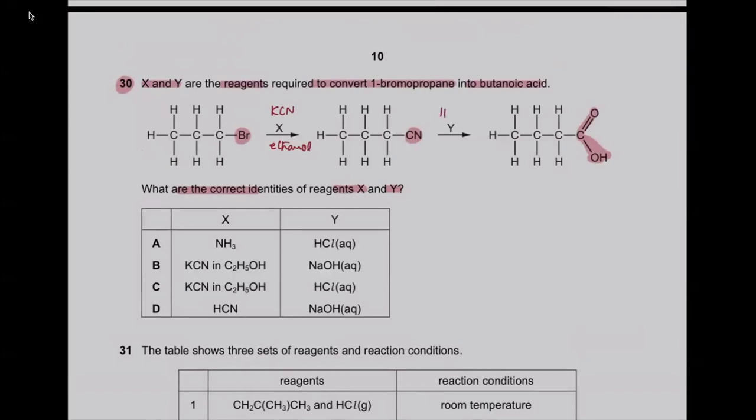And over here, it's acidic hydrolysis. So you can use hydrochloric acid and heat or sulfuric acid and heat. So Y is NaOH, not at all. Y is an acid and X is KCN in ethanol. So A goes wrong. So it means C is the correct answer. I hope it's clear.